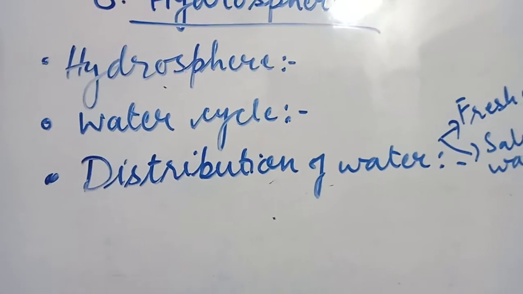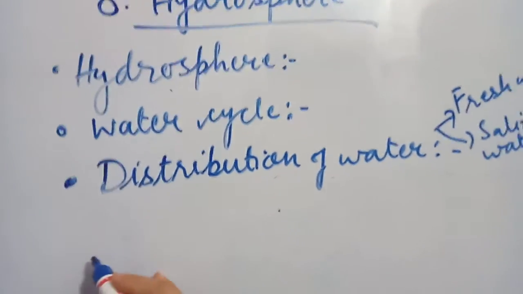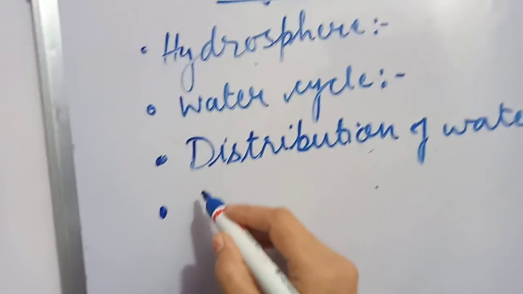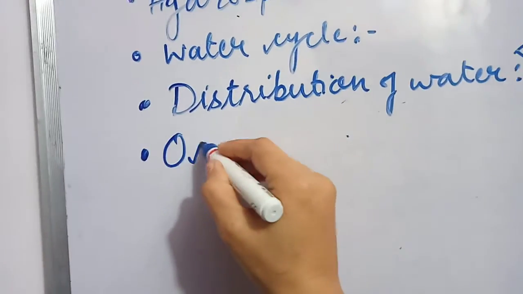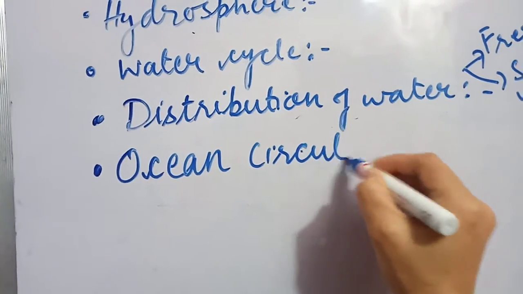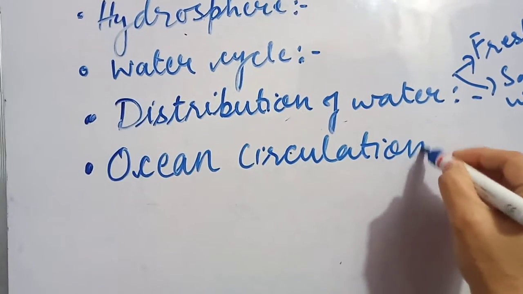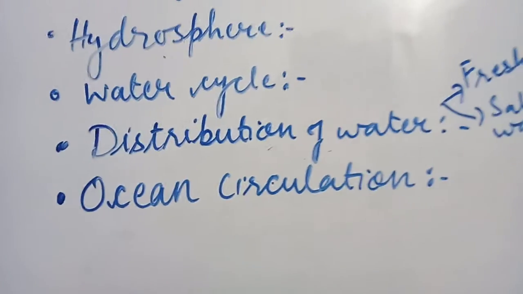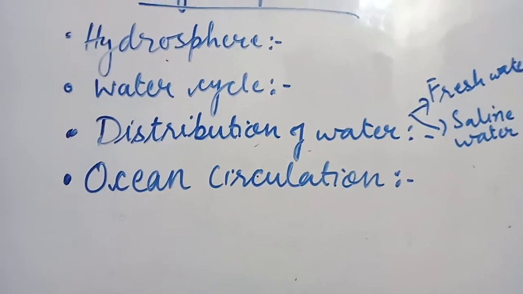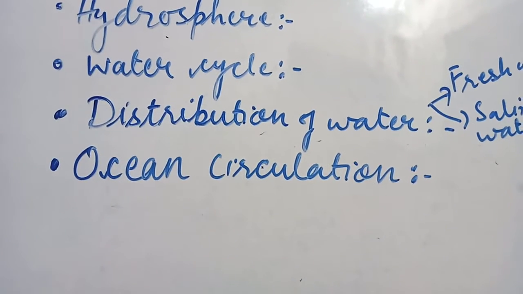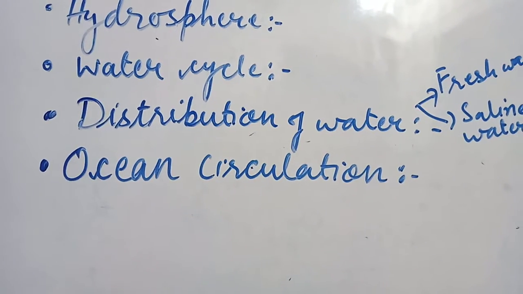After the distribution of water, we studied in this chapter ocean circulation. Students, unlike the water of ponds and lakes, the water of the ocean is constantly moving.